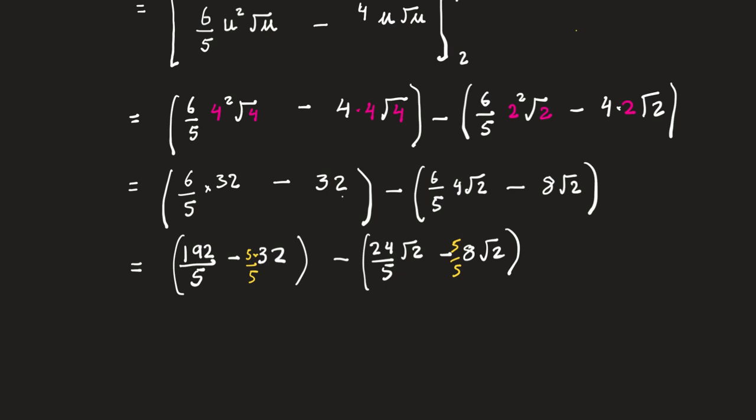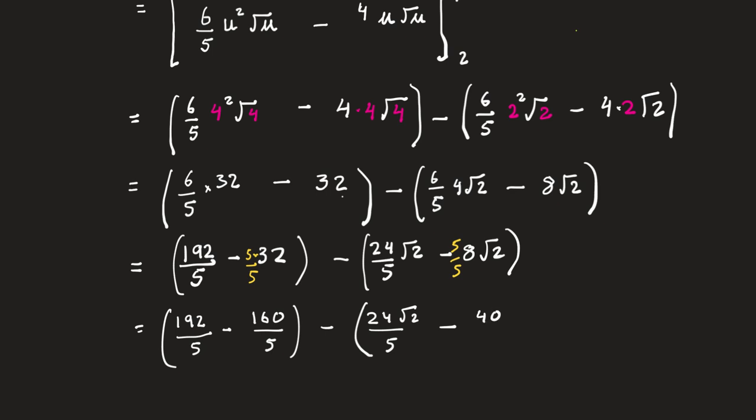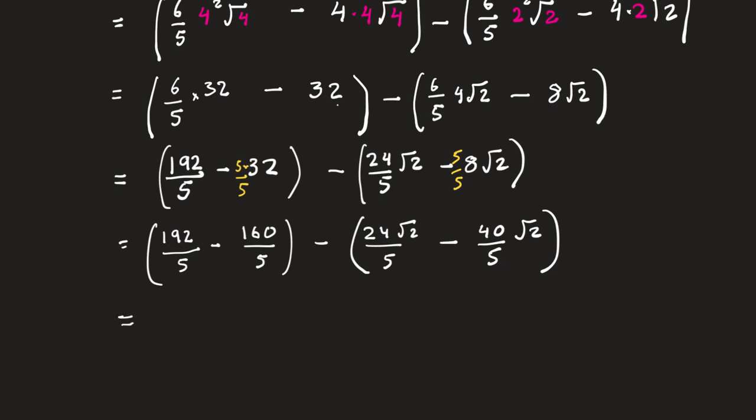That means that now I'll have 192 over 5 minus 160 over 5, and that will be minus 24 root 2 over 5, minus 5 times 8 is 40 over 5 root 2.